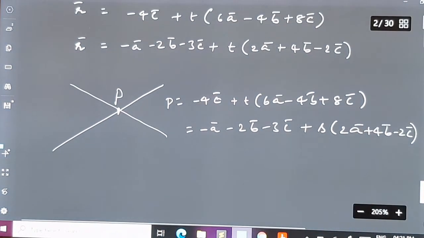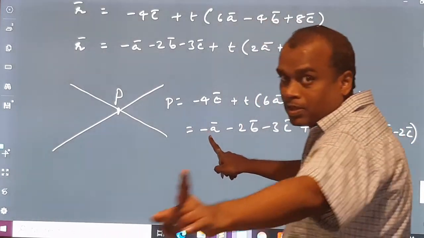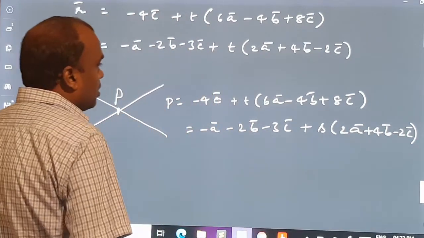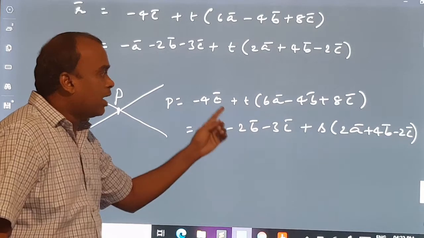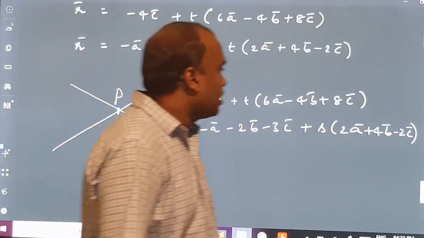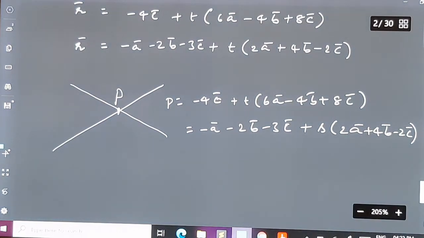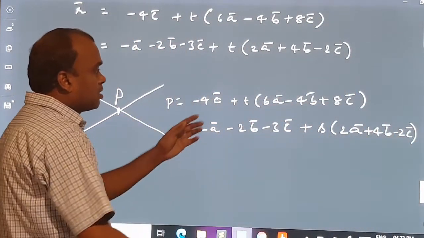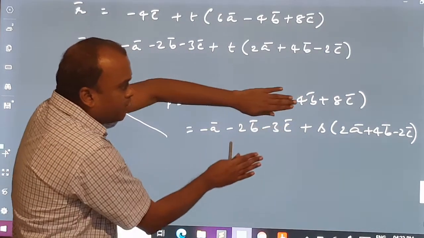Anyway, now these two are equal, and it is given in the problem that a bar, b bar, c bar are non-coplanar basis vectors. Therefore, you know that I can equate corresponding components on both the sides. So, equating components of a bar on both the sides. I want you to observe that this is the left hand side and this is the right hand side for me.